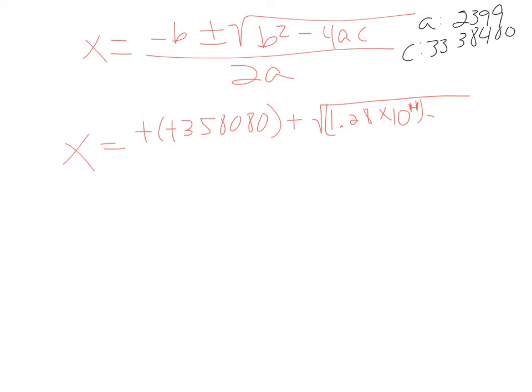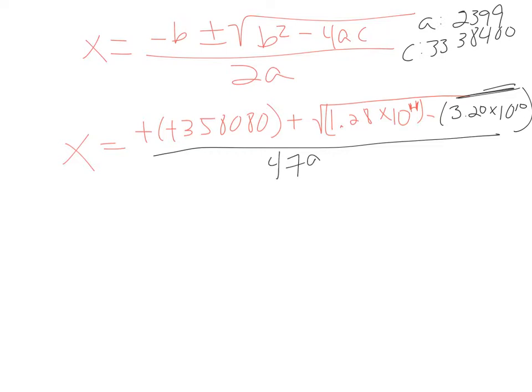So let's multiply 4ac. 4 times 2399 times 333,840, and I get 3.20 times 10 to the 10th. And that's going to be divided by 2 times 2399, which is 4,798.